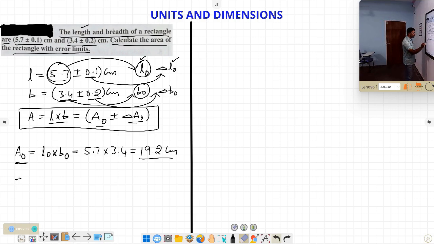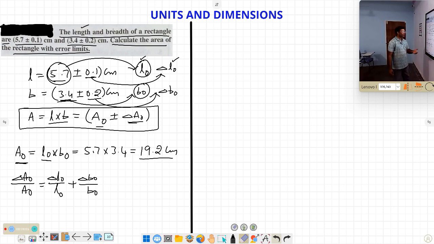The formula I am writing like this: delta A naught by A naught is equal to delta L naught by L naught plus the B value error, that is delta B naught by B naught. I am not doing it in percentage, directly with relative error.